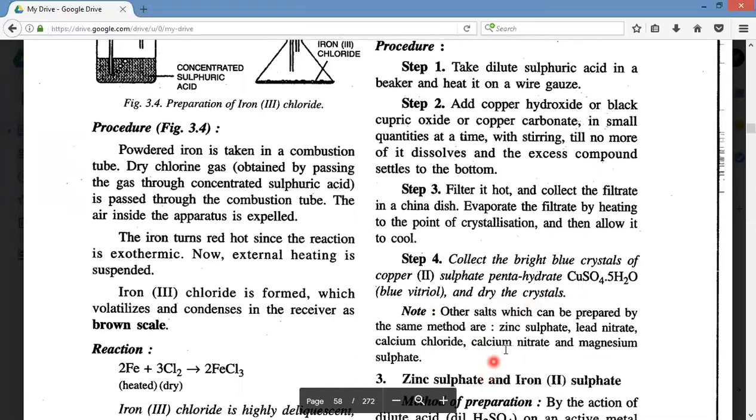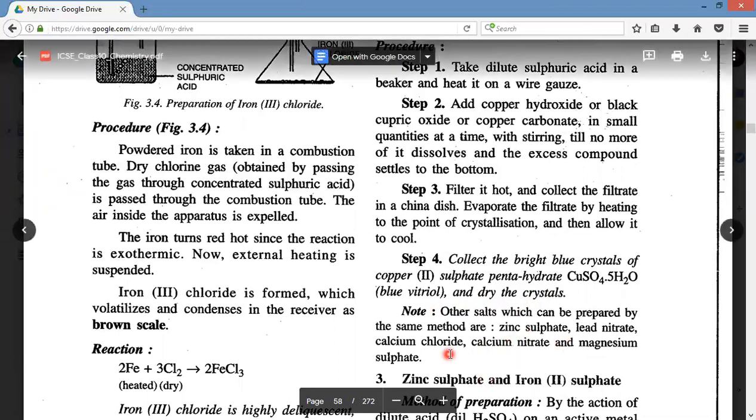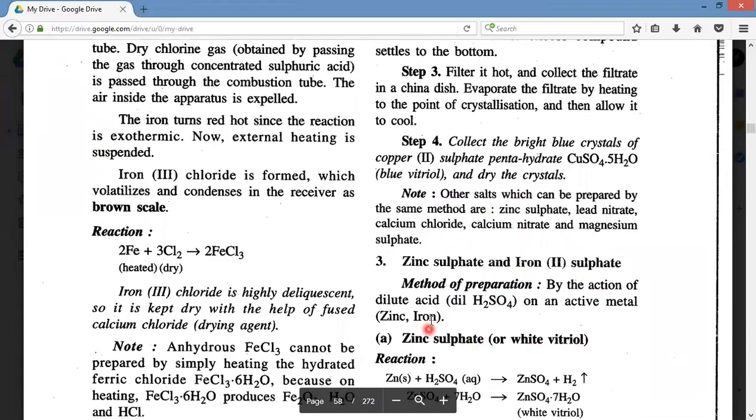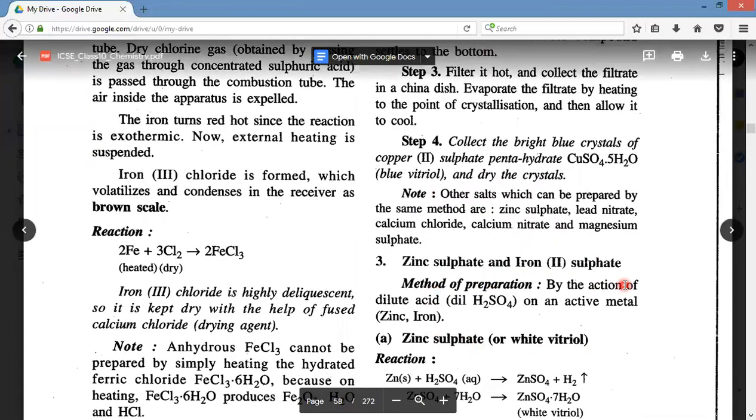Many other salts like zinc sulfate, lead sulfate, calcium chloride, calcium nitrate, and magnesium nitrate or sulfate can be prepared by this method. Next preparation is zinc sulfate and iron sulfate. One by one we will be doing that.